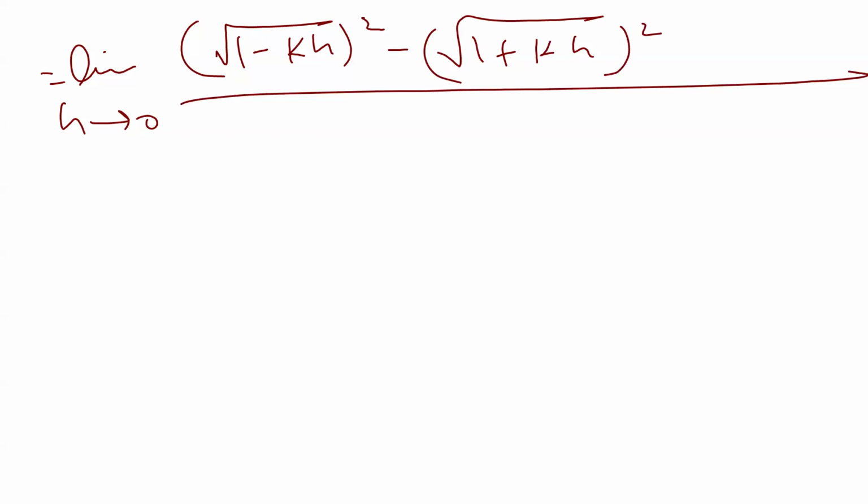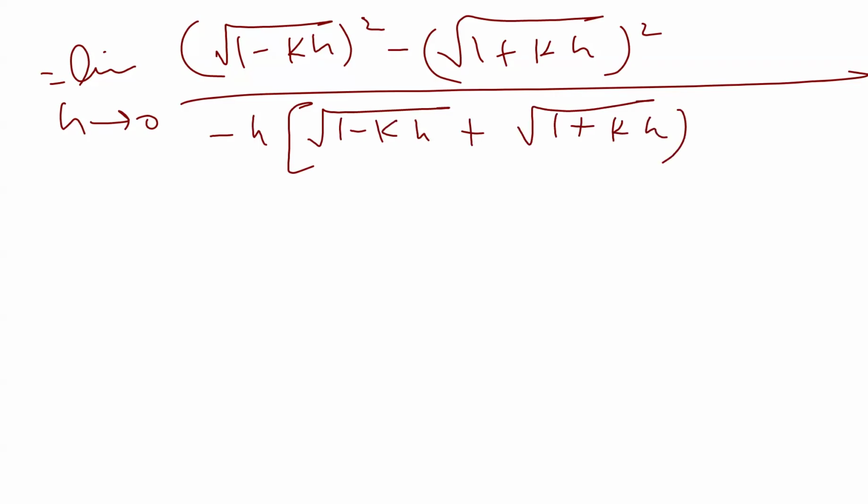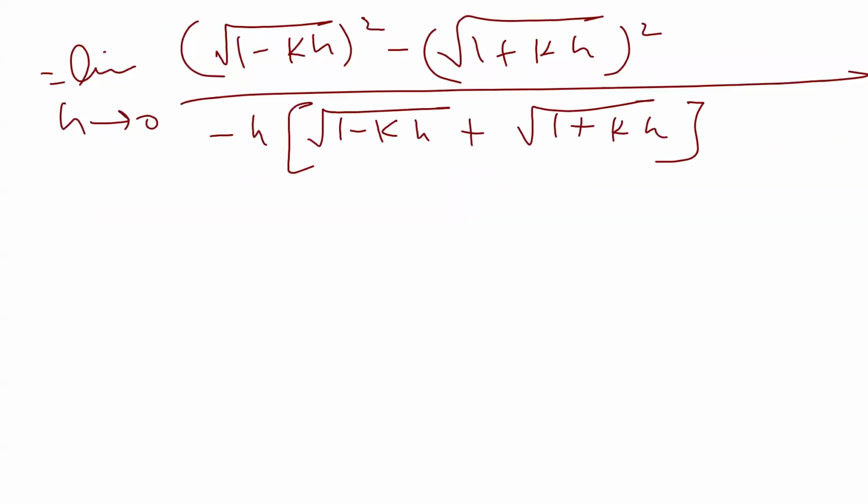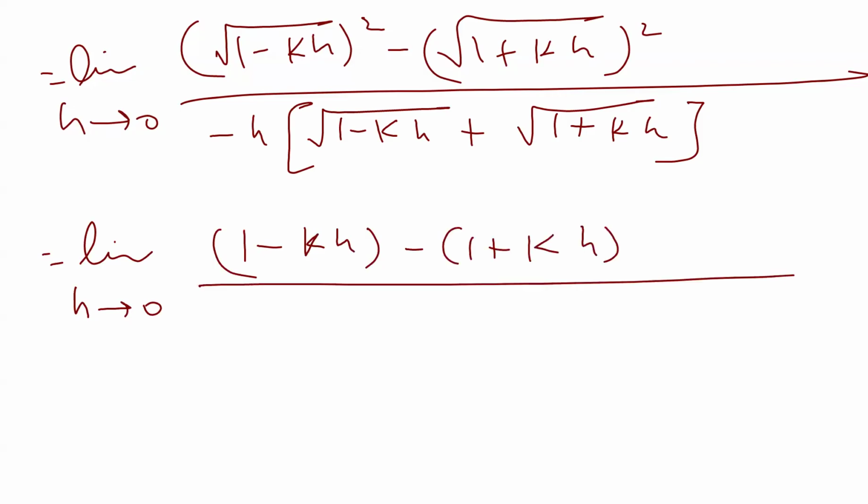Limit h approaching 0, a square minus b square upon minus h into root of 1 minus kh plus root of 1 plus kh. I hope I have copied this correctly. Okay, so a square minus b square: limit h approaching 0, 1 minus kh minus 1 plus kh.